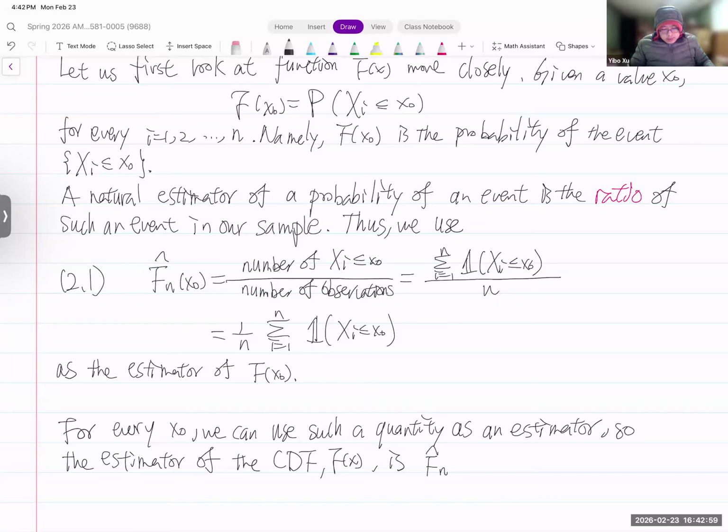Here the subscript n indicates the number of observations that you see, and f hat is a typical notation for empirical approximation.